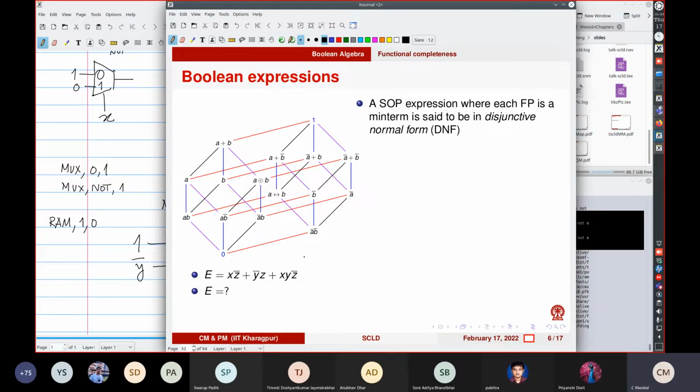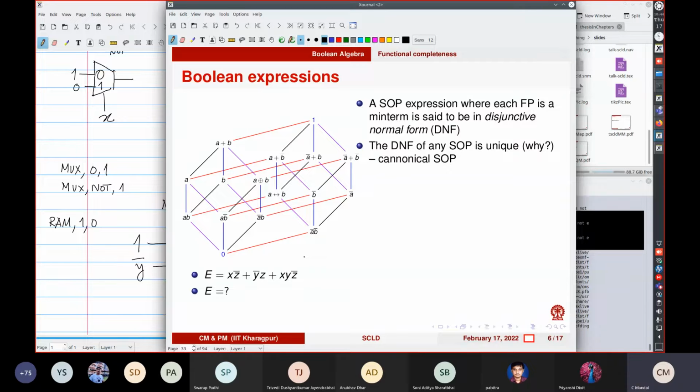Where each term or each fundamental product is a min term, that is said to be in disjunctive normal form. So the disjunctive normal form of any sum of products is unique.